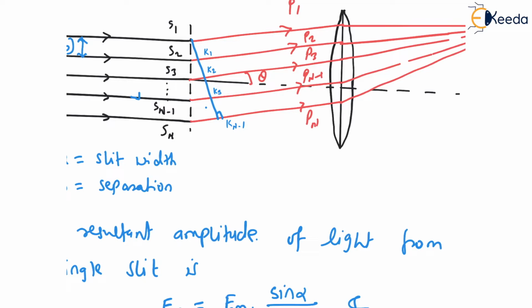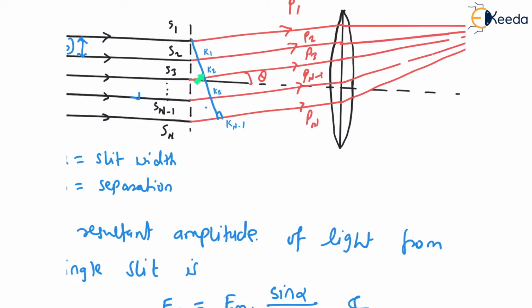All these K1, K2 are the feet of the perpendiculars on the respective waves which arise from the midpoints. If we consider these two rays, P1 and P2, the path difference will be S2 K1. So S2 K1 is the path difference for these two rays.